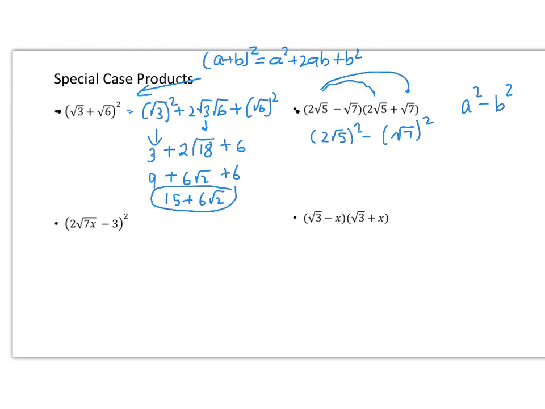So when I square the 2 square root of 5, I get 4 times 5 minus 7, or 20 minus 7, which is just 13. So the answer is 13 there.